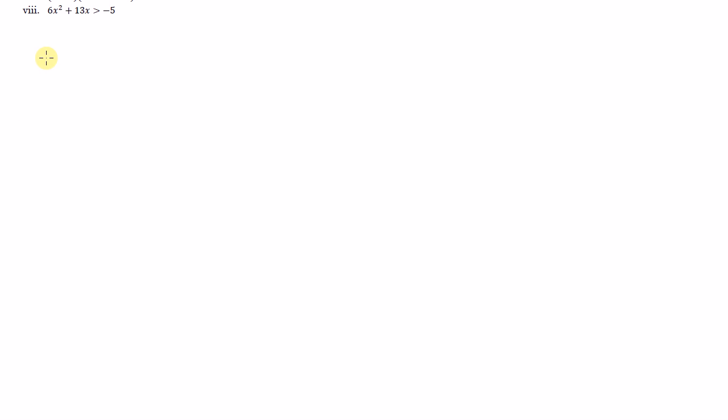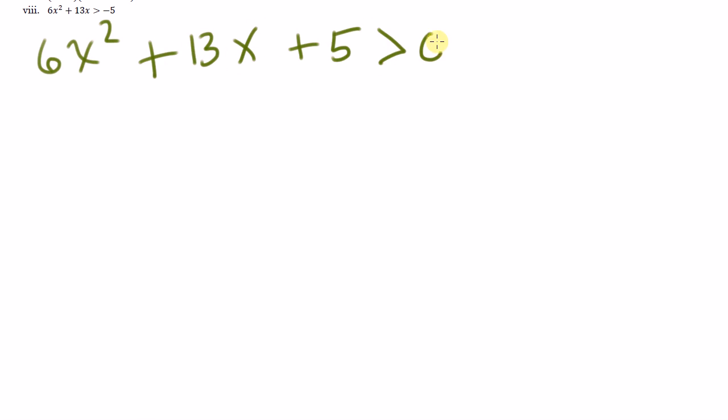The last one here. Okay, so we have 6, oh, this one should be fun. Plus 13x plus 5. When is that greater than 0? So I set it to 0, and let's see. What I do here is this. I factor this way.